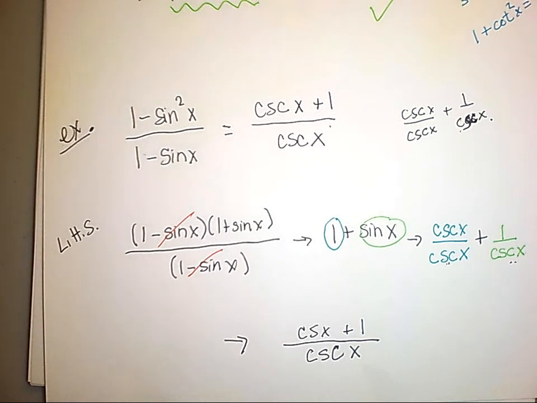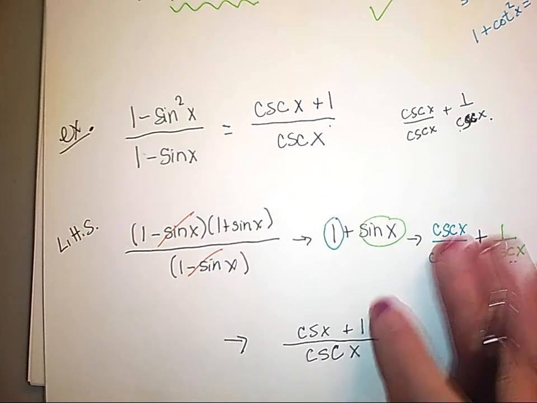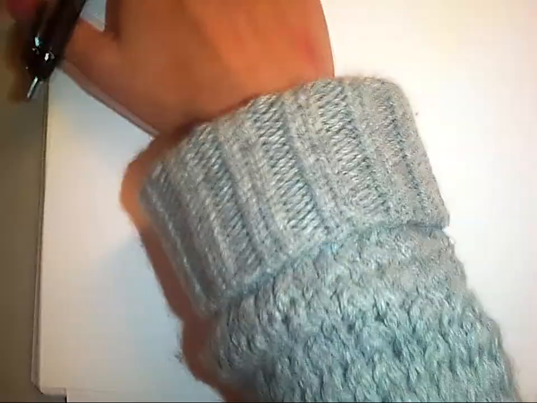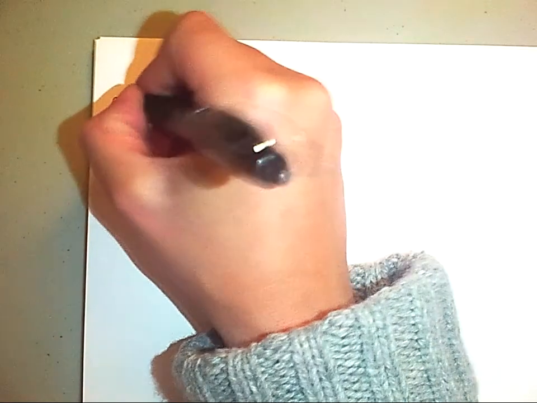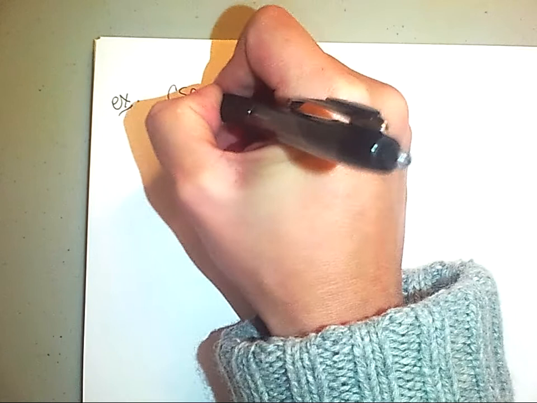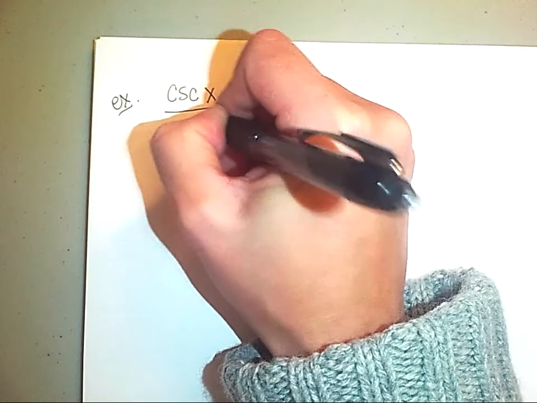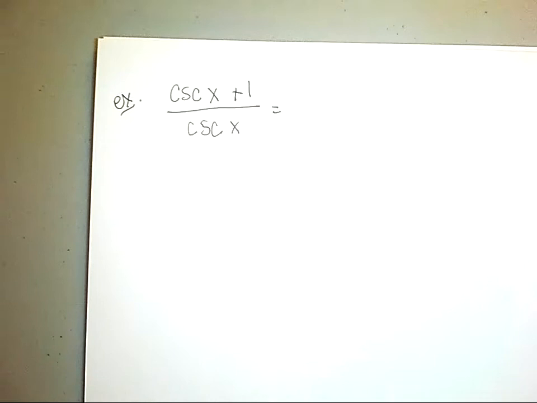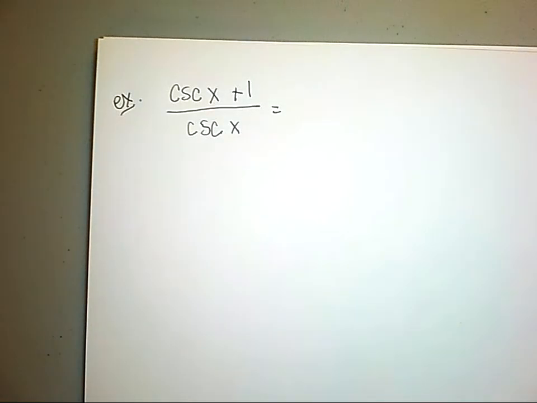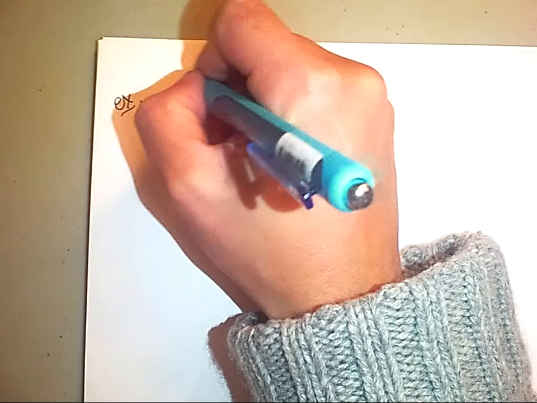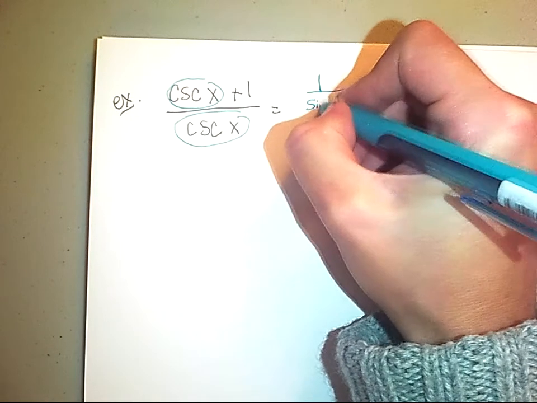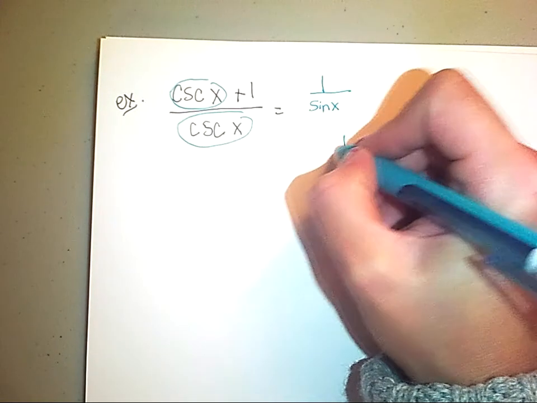So sometimes you're going to have to get creative. We could have done it from the other side as well. Let's see what happens if we do it the other way. Let's see if we had started with the cosecant of x plus 1 over the cosecant of x. Well, if I had started with the right-hand side, I may have been tempted to turn these into 1 over sines right away.